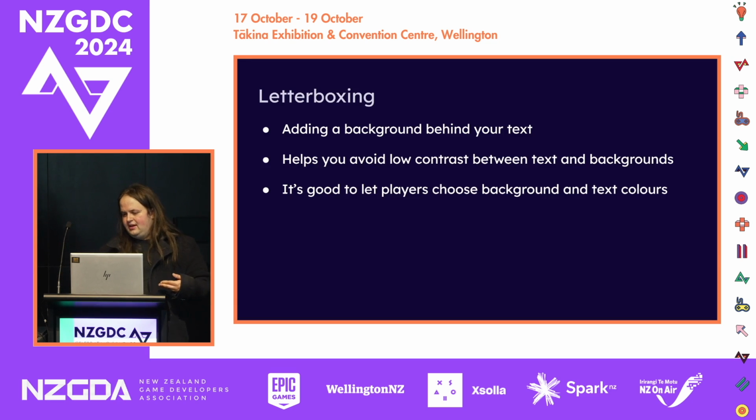So, letterboxing. It avoids situations where if the environment is the wrong colour, it can result in really low contrast between your text and your backgrounds. And with letterboxing, it is generally good practice to let players have some control over what colour the box is and also the text. If the box is just a solid block of black, then it might be too obtrusive for some players.